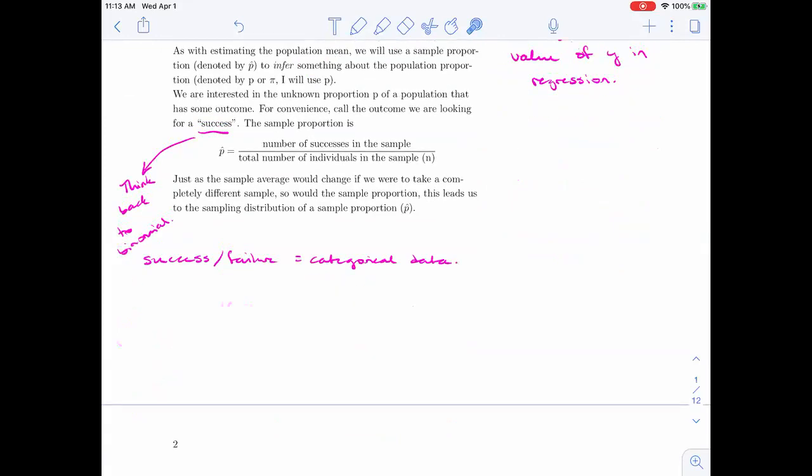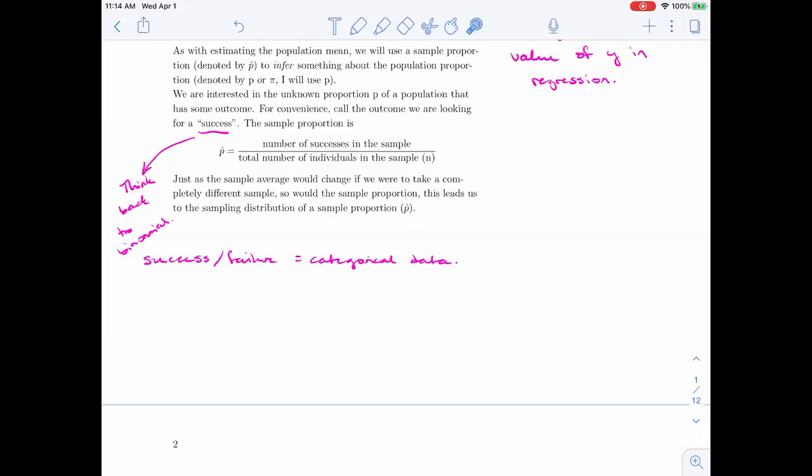Just like before, we said our X bar, our sample mean, if we released our sample back into the population and we collected another sample, even if it's completely random and well collected, our sample mean would change. Same idea with the sample proportion.